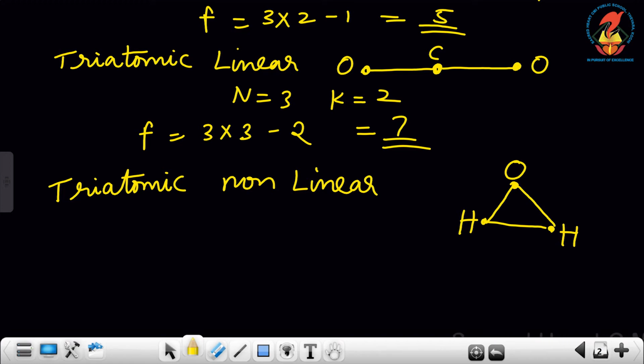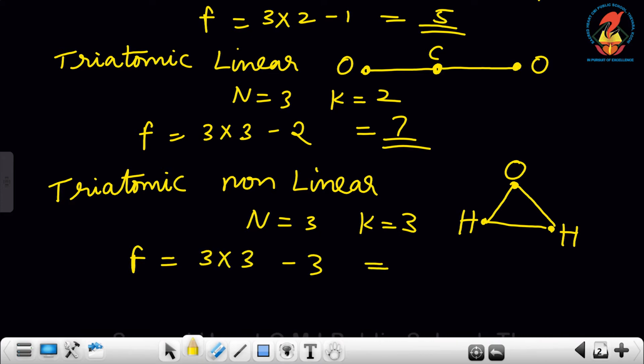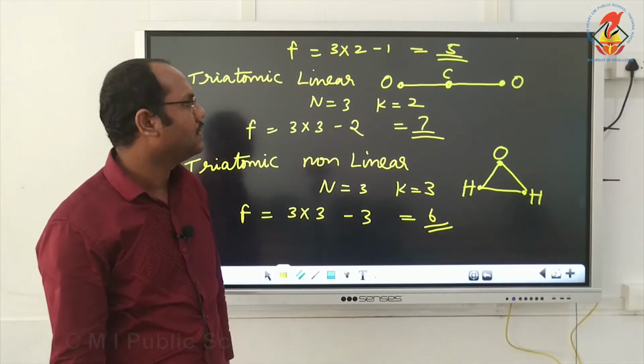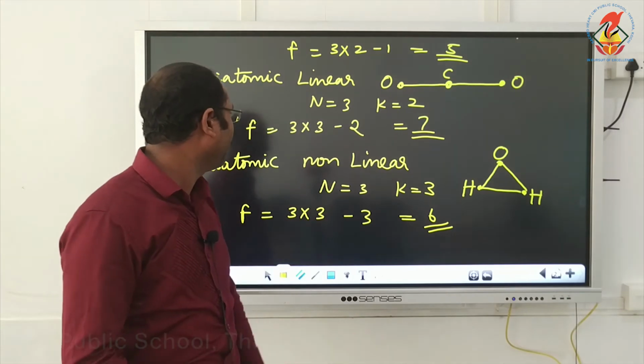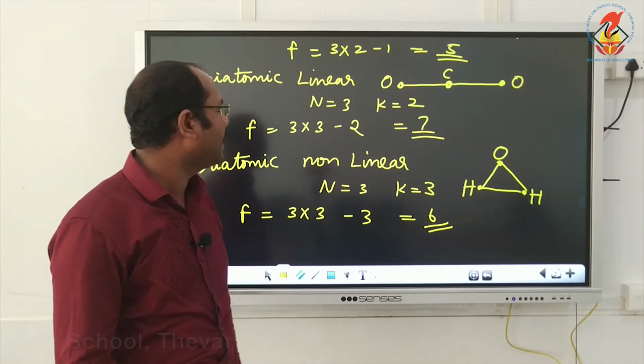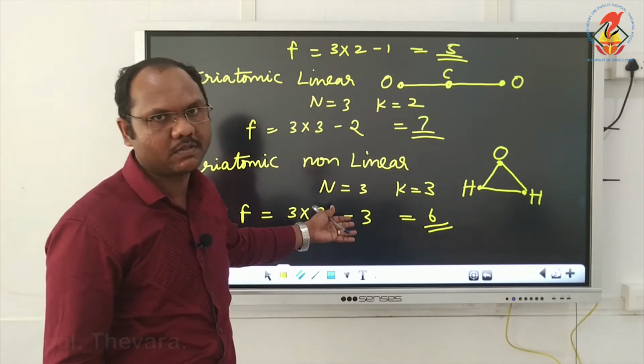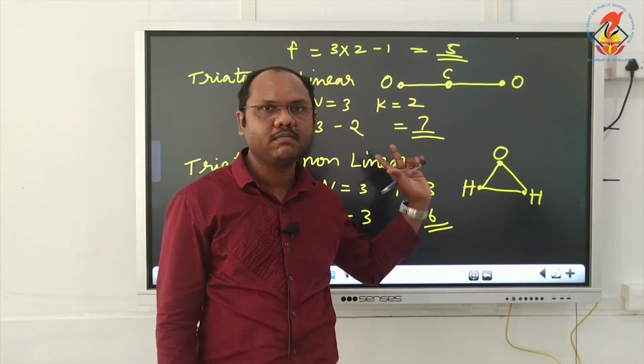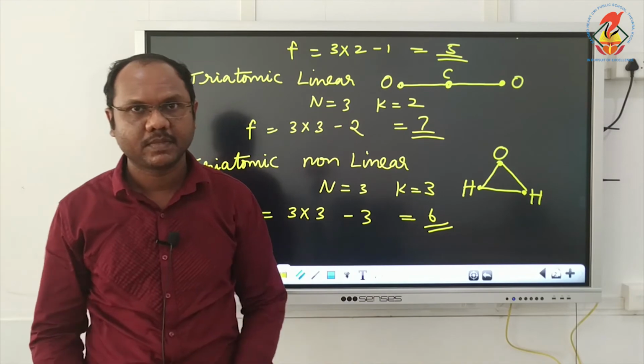So there are 3 connections, 3 atoms. So I write n is equal to 3, k is also 3. Therefore F is equal to 3 into 3 minus 3. So the degrees of freedom is 6. This is how we can find the degrees of freedom of all molecules, whether diatomic or triatomic. You can find the degrees of freedom using this equation.